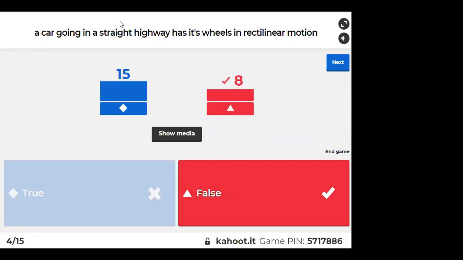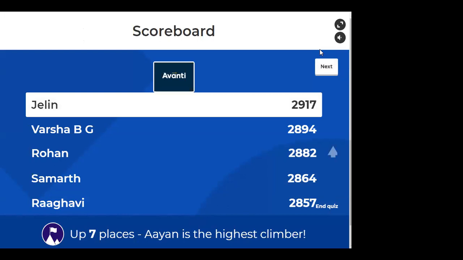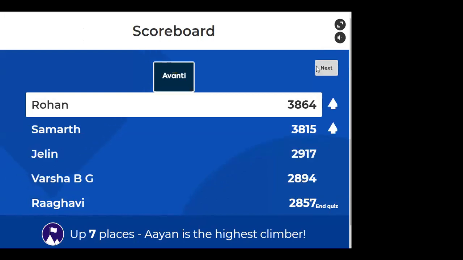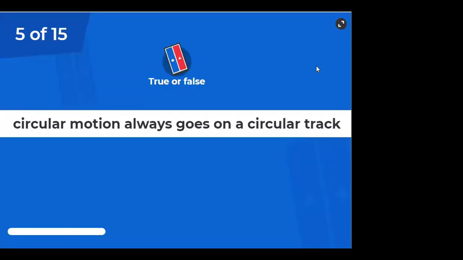Guys, see, a car going on a straight highway has its wheel in rectilinear motion. No, wheels. Wheels are in circular motion, right? And rotational motion. Got it? We studied this in class 7th, 8th. Yes or no? The car will be in rectilinear motion.